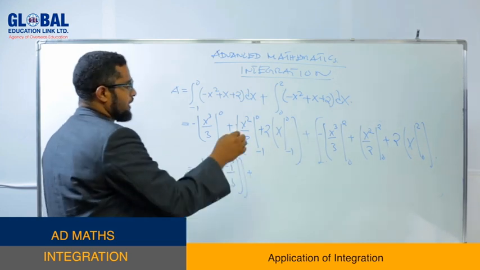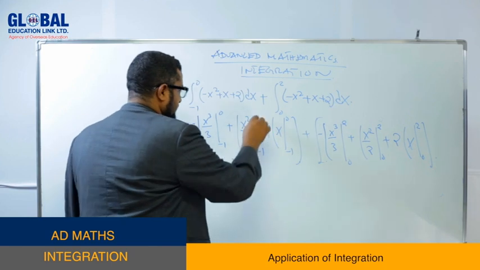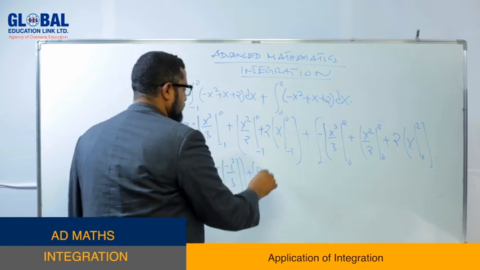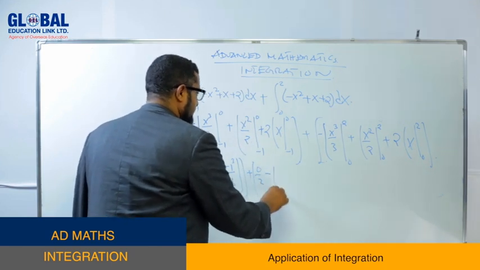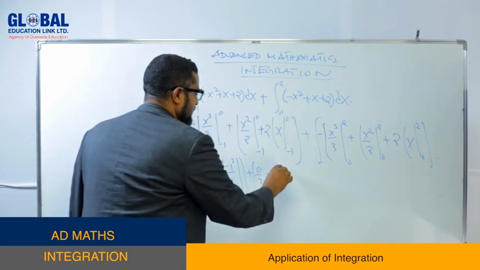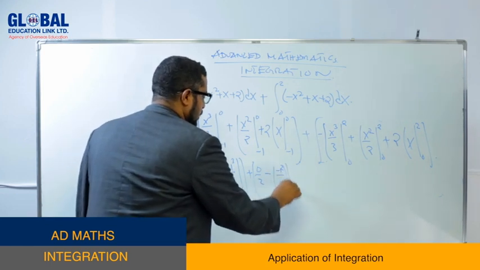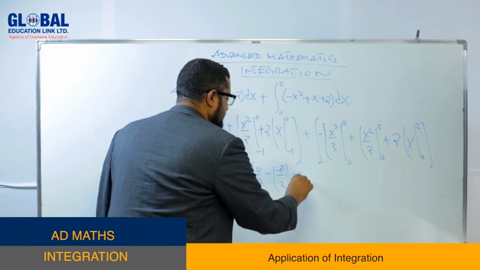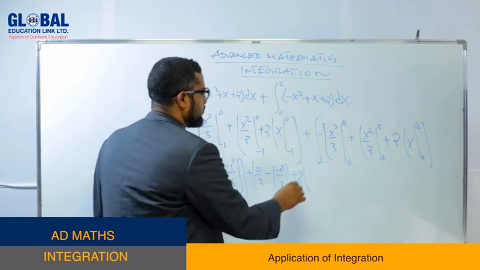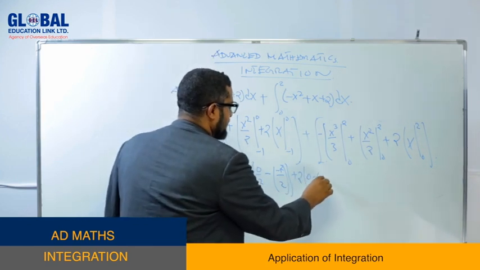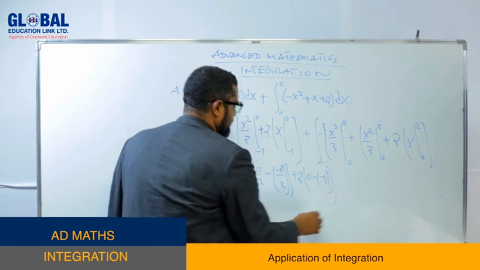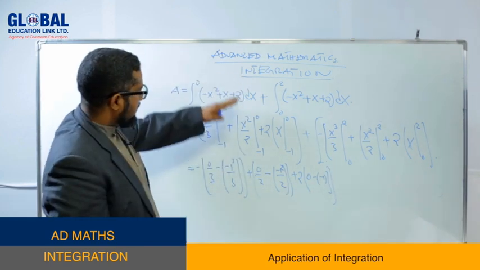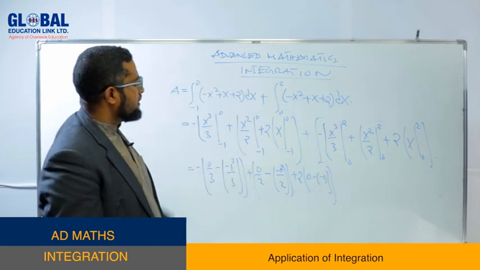Then we plus the second part, that is 0 over 2, we minus negative 1 squared over 2. We plus 2 times the bracket of 0 minus negative 1. So that will be the value obtained in the first integral.